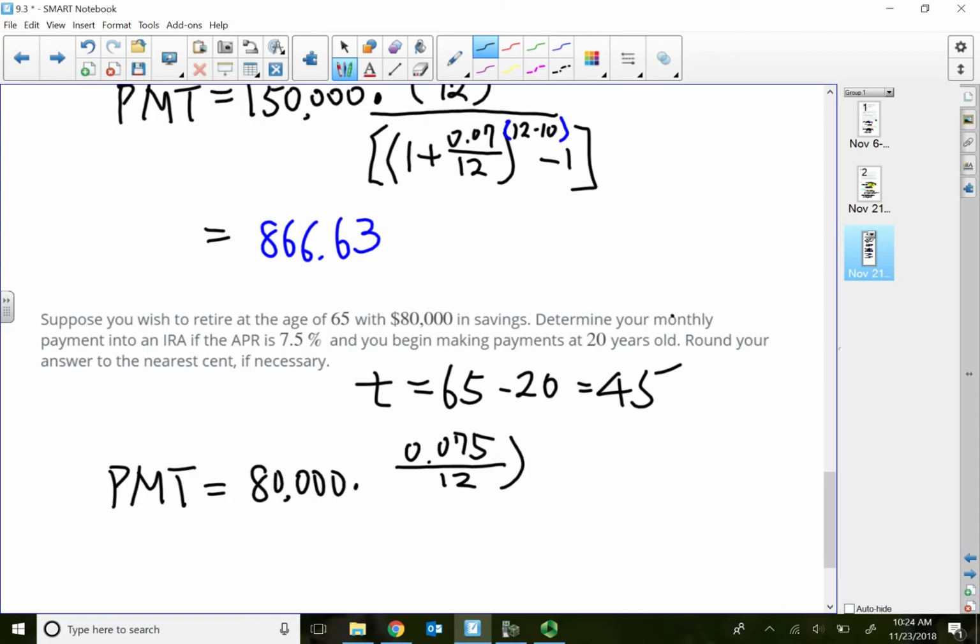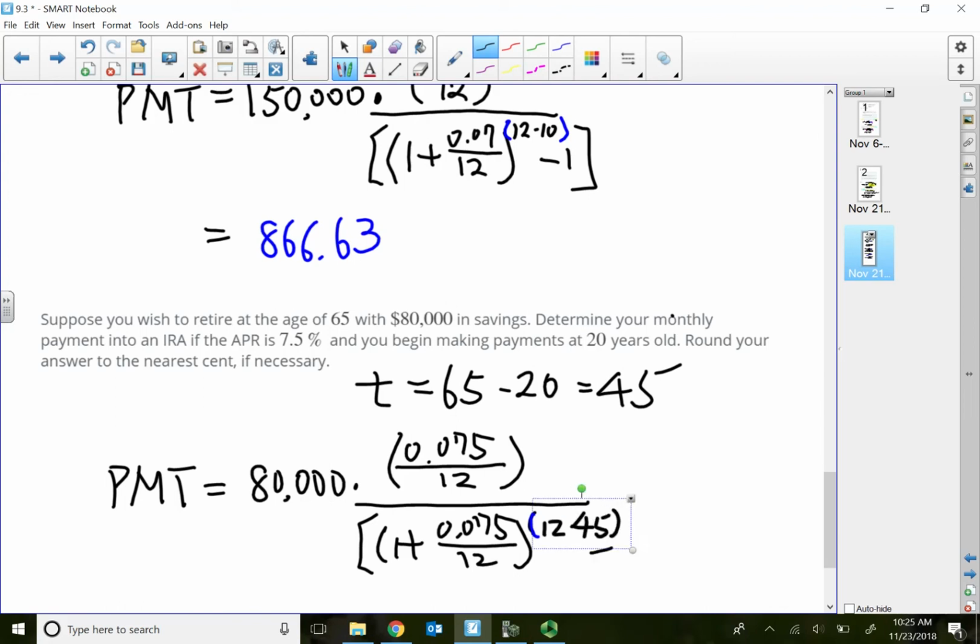Very good. Whole thing divided by bracket, parenthesis, 1 plus 0.075 divided by 12, raised to the, I'm going to open my blue parenthesis, 12 times a year, making this payment for the next 45 years, minus 1.